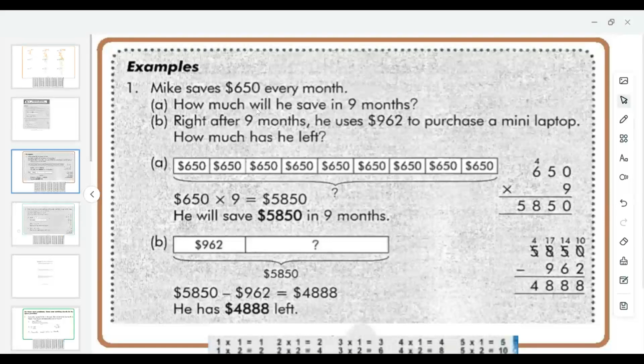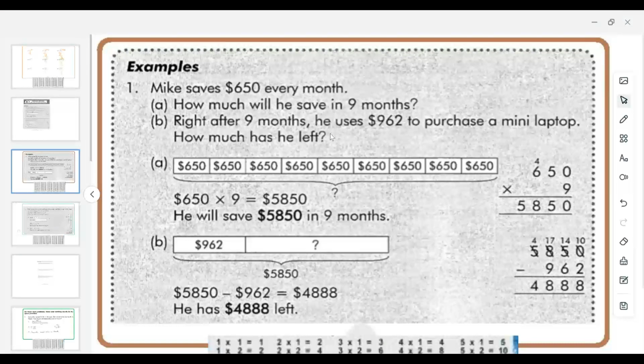How much will he save in 9 months? Right after 9 months, he saves $962 to purchase a mini laptop. How much has he left?